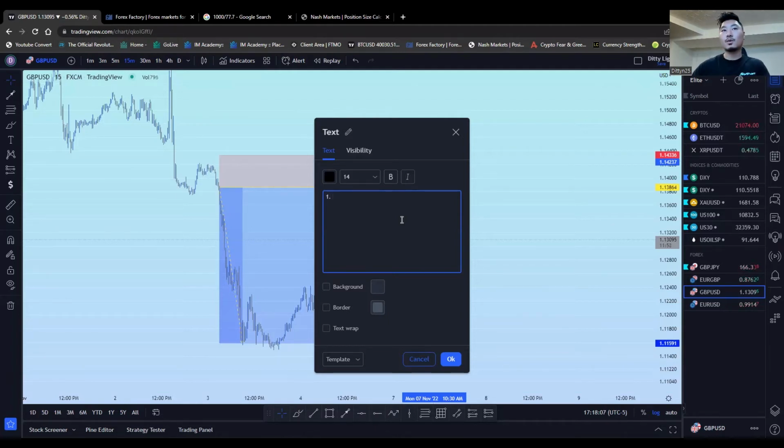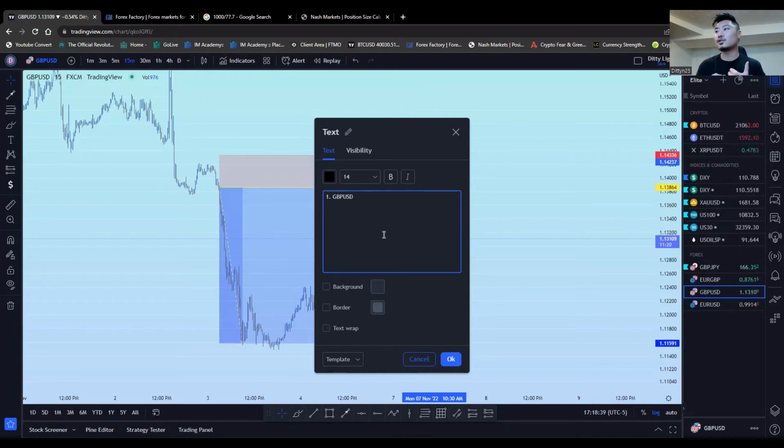So the first step is, what is the pair? In this case it is GBP USD. Because for example, you take any trade idea or analyze the market on GJ, and then when it comes to taking the trade on MT4, you are on GBP USD.